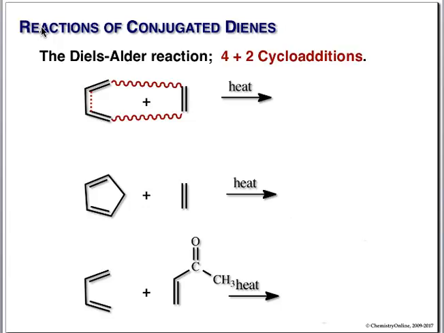So we're going to have 1, 2, 3, 4, 5, 6 carbons in a ring, and this is our double bond. Once again, the bonds that we made, always think about those 2, are these guys. This is our dienophile, and this was our diene.